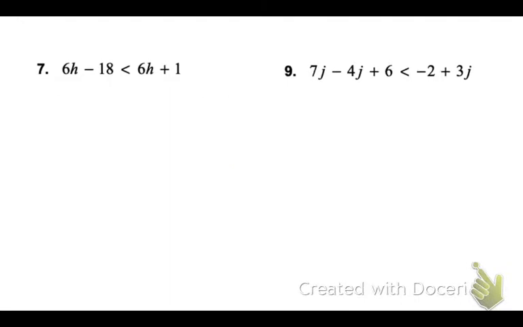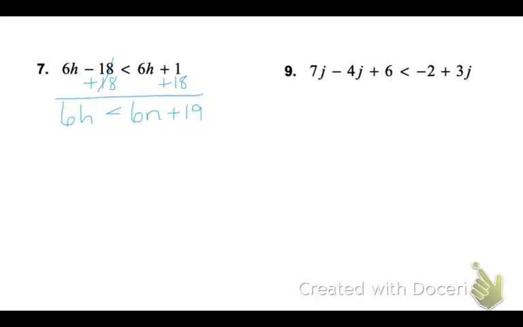All right, number 7 and number 9. Notice that I skipped number 8. All right, so we have variables on both sides. So let's add 18 to both sides. So 6h is less than 6h plus 19. This is number 7.